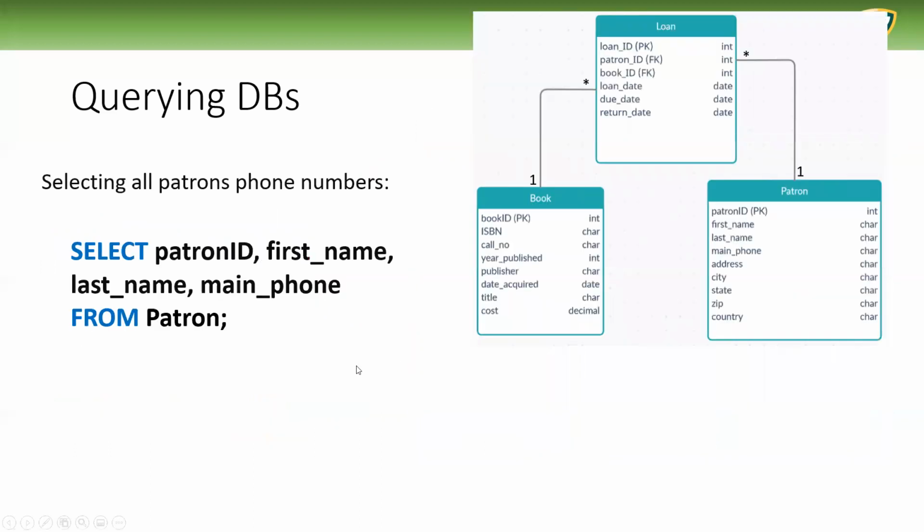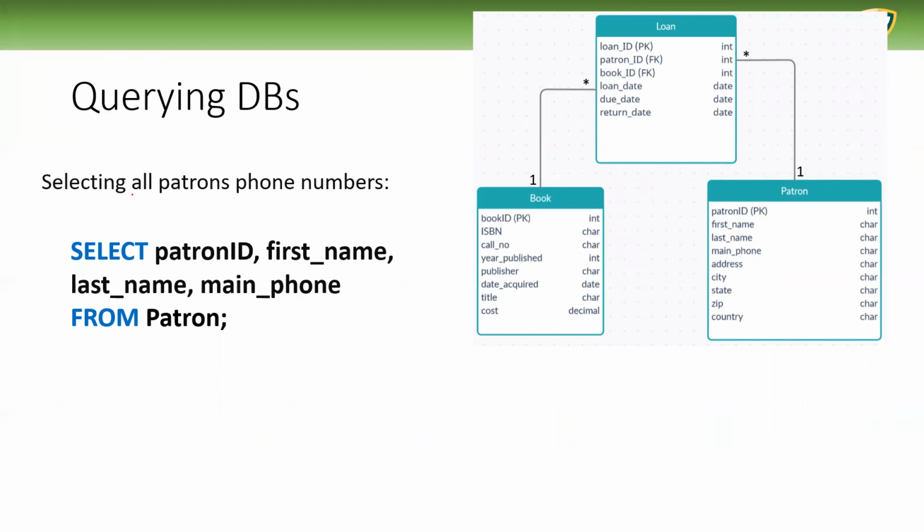So here I'm going to give you some more examples of the limited scope of the work we're doing in this course. So we have the table that we're talking about. This is the table structure, the table schema. And here's an example of querying the database to select all the patrons' phone numbers. So we have the select keyword first, then we list the attributes we want.